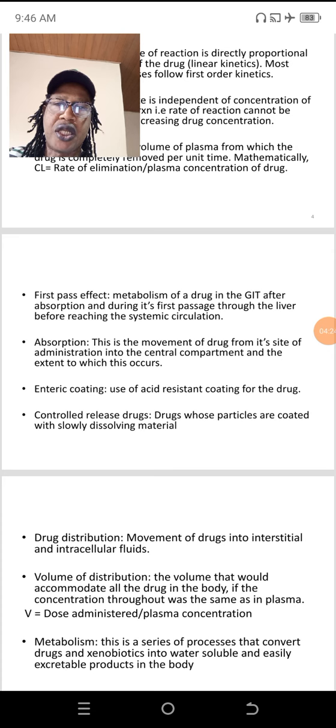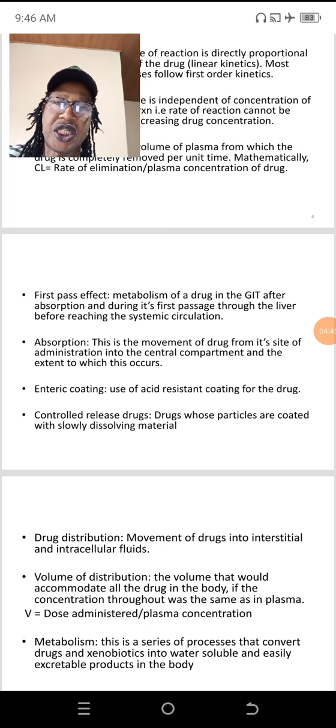Enteric coating. This is use of acid-resistant coating for a drug, and it's important for drugs that can be destroyed by gastric juice or drugs that can cause gastric irritation.